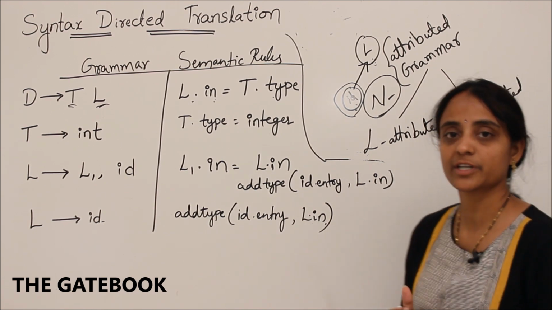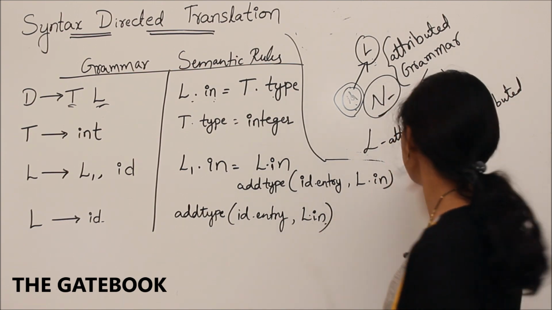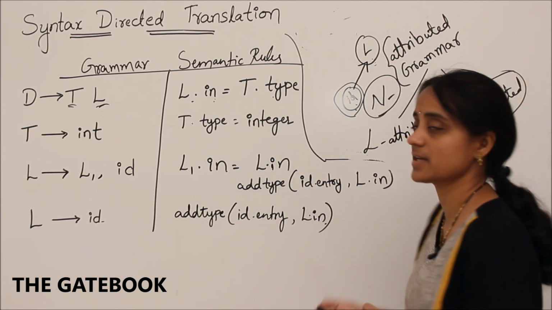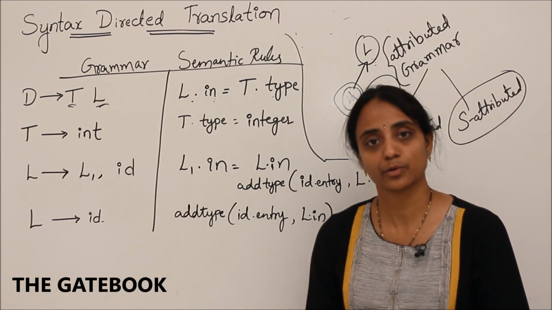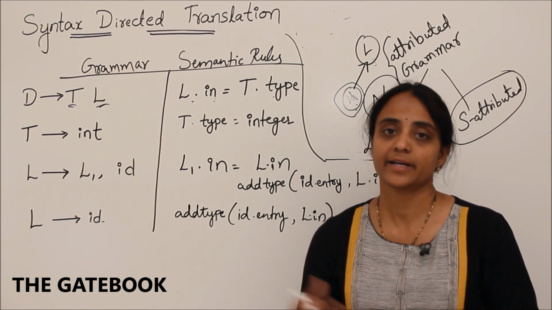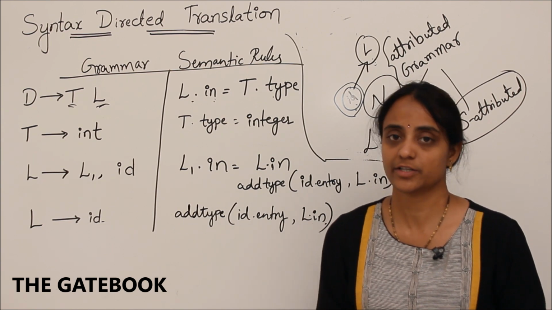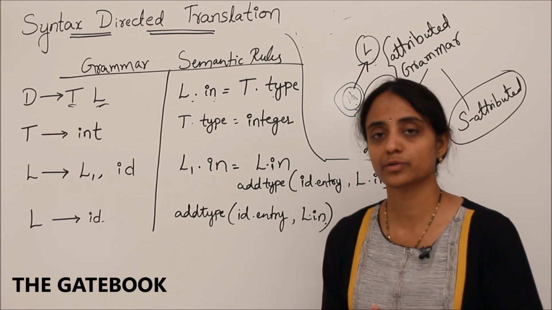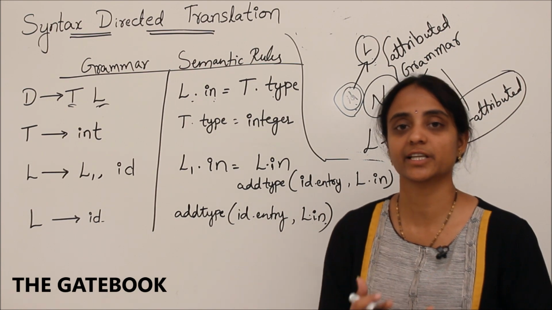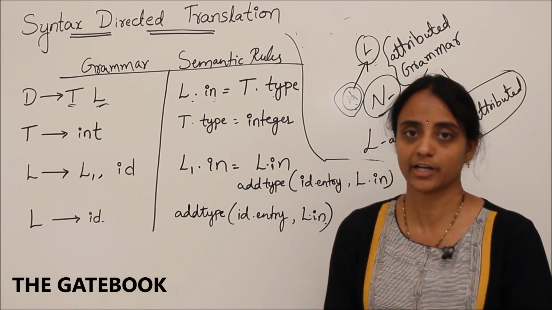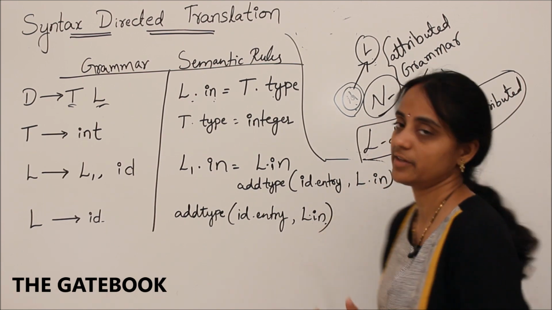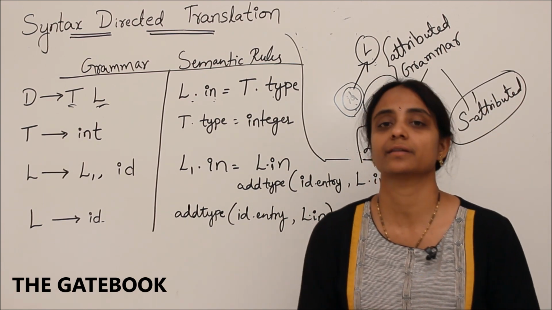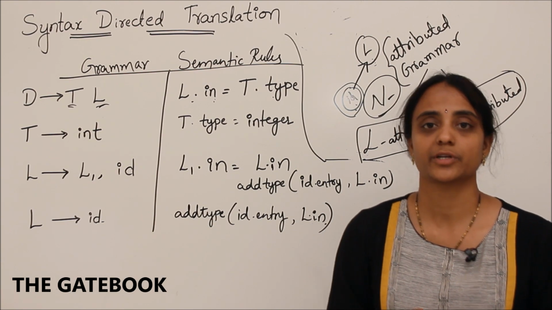We call a particular grammar S attributed if it has only synthesized attributes. That is very simple, right? We know that whenever there are only synthesized attributes, it can be done in post order evaluation. So we don't need to do anything extra to know the order of evaluation. That is one thing, and the other one is L attributed grammar. So what is L attributed grammar?